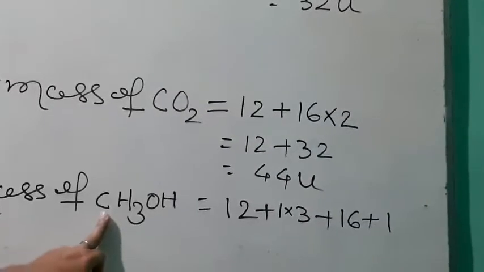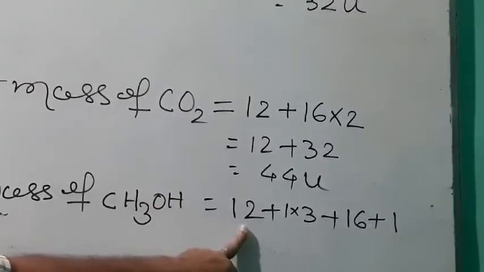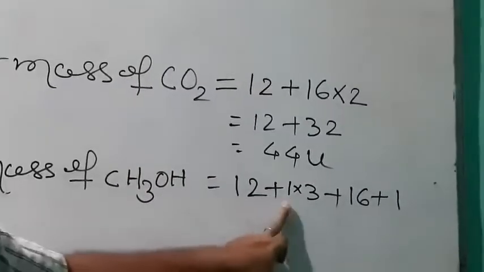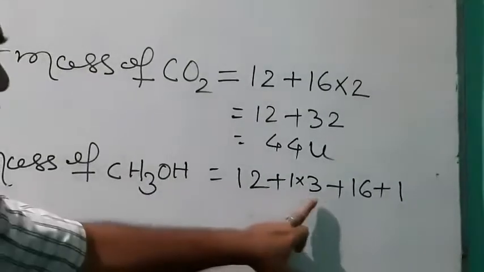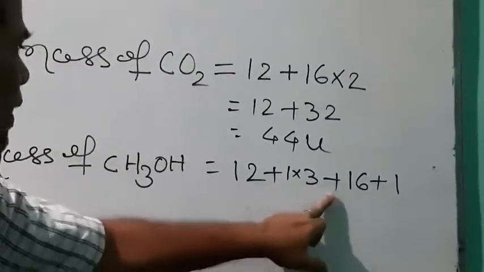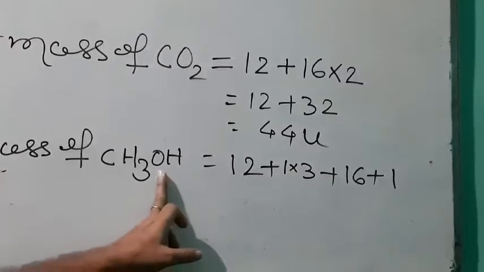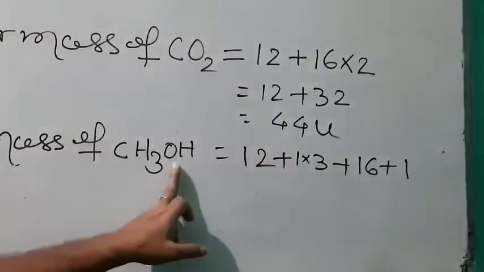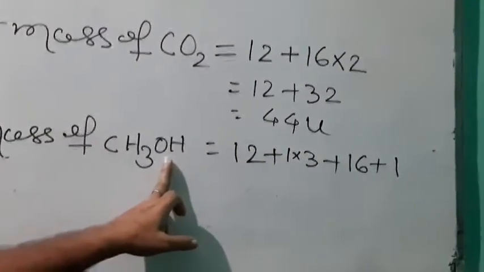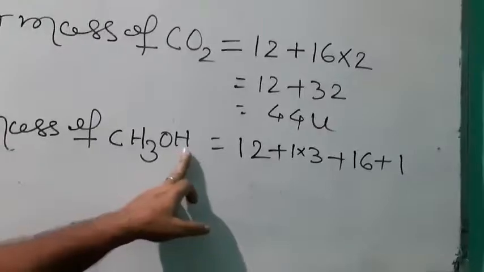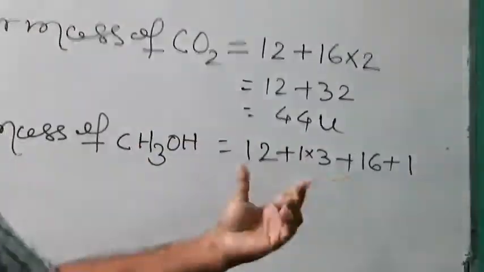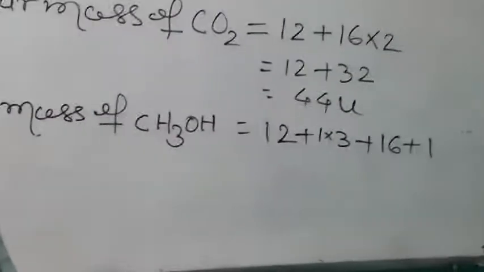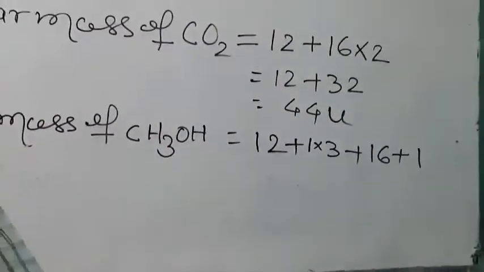Once again, the first atom is carbon, so the atomic mass of carbon is 12, plus hydrogen 1. How many hydrogen? 3, so 3 into 1. Now oxygen: the atomic mass of oxygen is 16, plus there is only 1, so no need to multiply, plus the next is hydrogen, only 1. So the sum of the atomic masses of all the atoms present in a molecule is the molecular mass.